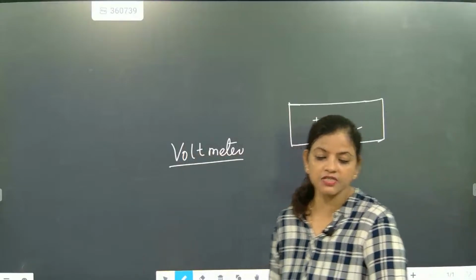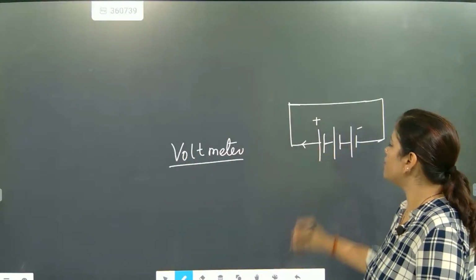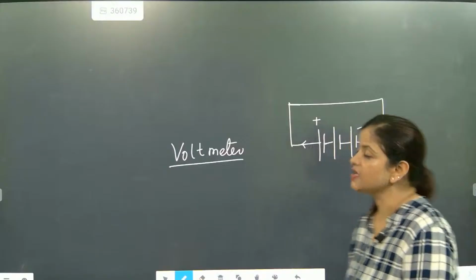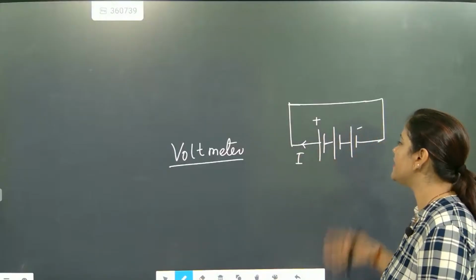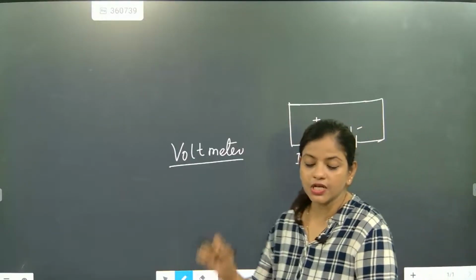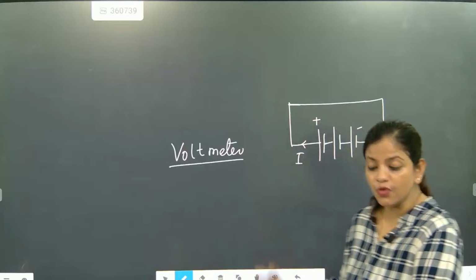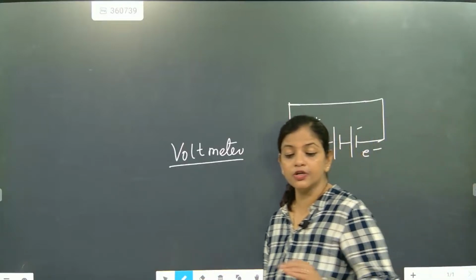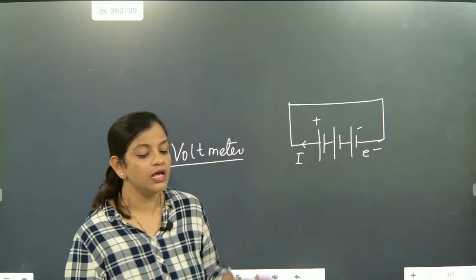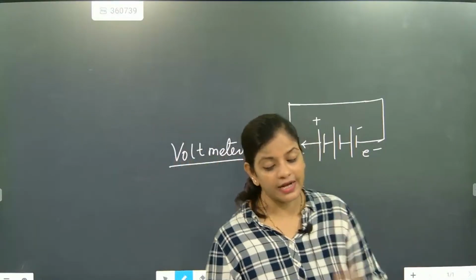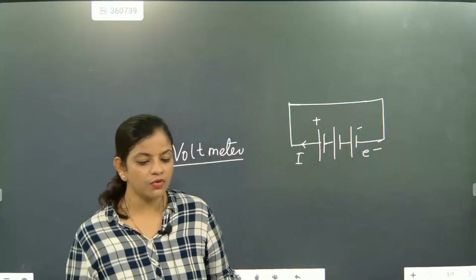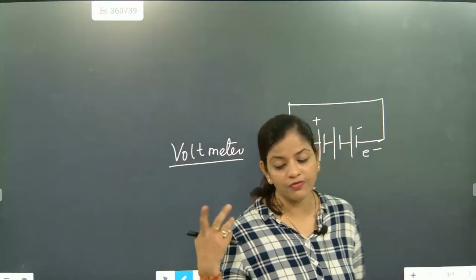So positive charges are moving. But the conventional direction of flow of current is always from the positive terminal to the negative terminal. But actually the truth is that it's the flow of electrons. Electrons flow from the negative terminal to the positive terminal. Understood? So electrons will be moving from where?